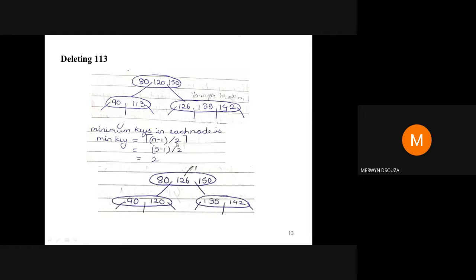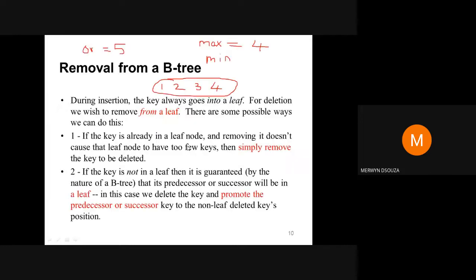Whenever we want a minimum number of keys, you apply this formula where n stands for the order. This symbol stands for ceiling in maths. Whenever you get a fraction or a decimal, you have to round it up to the closest higher integer.